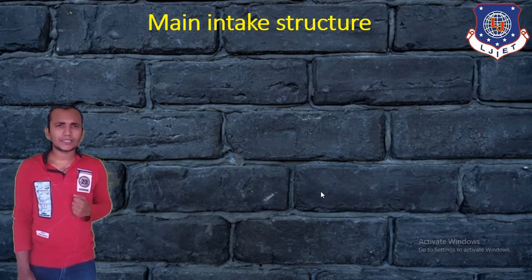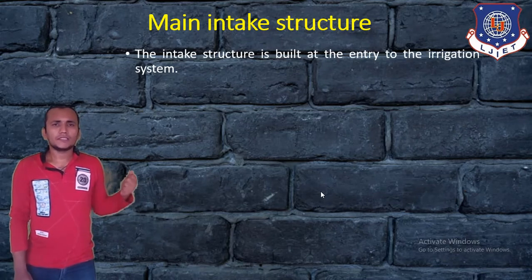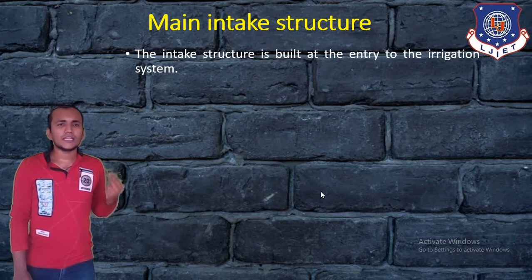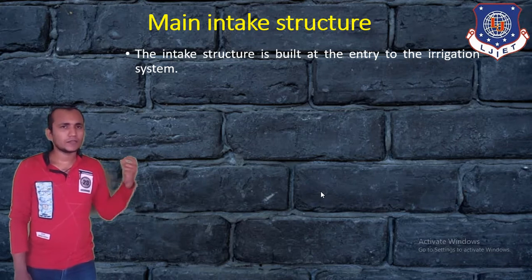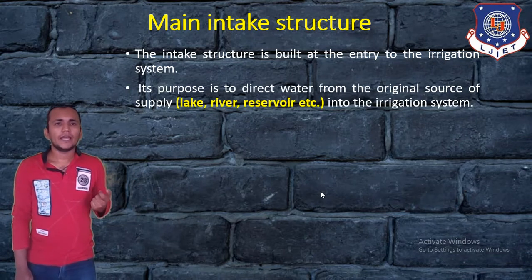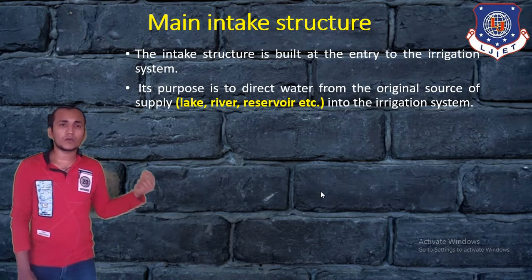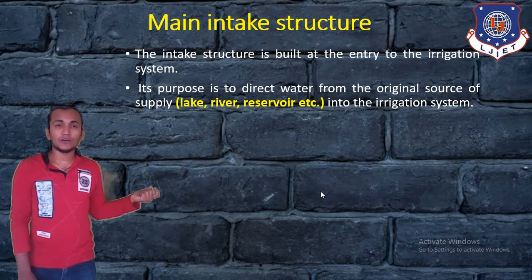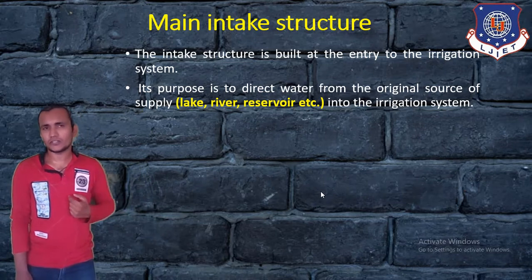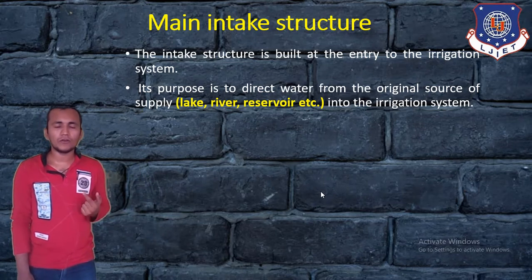The main intake structure is built at the entry to the irrigation system. Its purpose is to direct water from the original source of supply, like a lake, river or reservoir, into the irrigation system, which we already know.